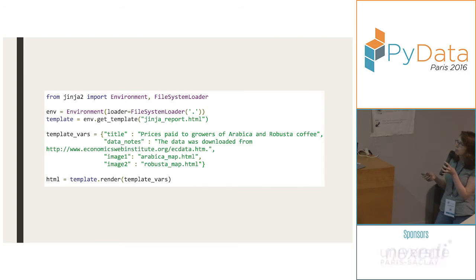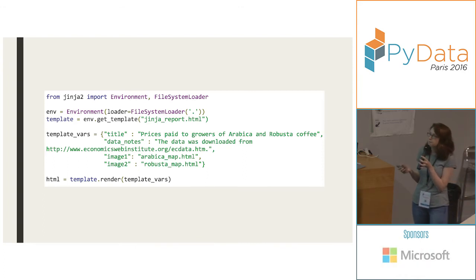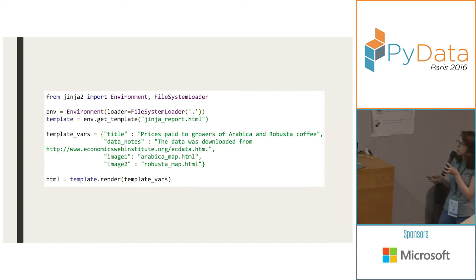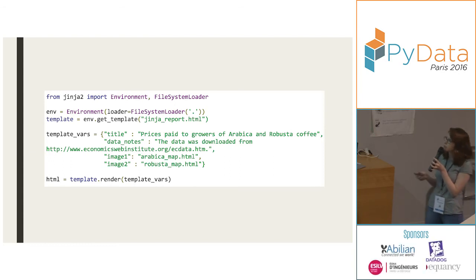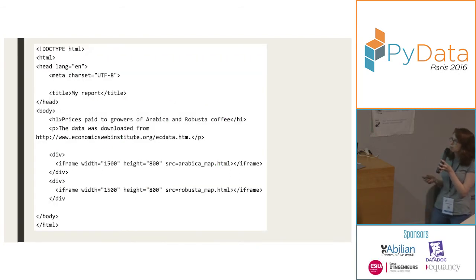I'm actually going to look at a map of prices paid to coffee growers of Arabica coffee and also Robusta coffee, which are 2 types of very common coffee beans. And then to render the template, I call template.render. And that's going to give me an HTML string, which it won't surprise you to know looks something like this.